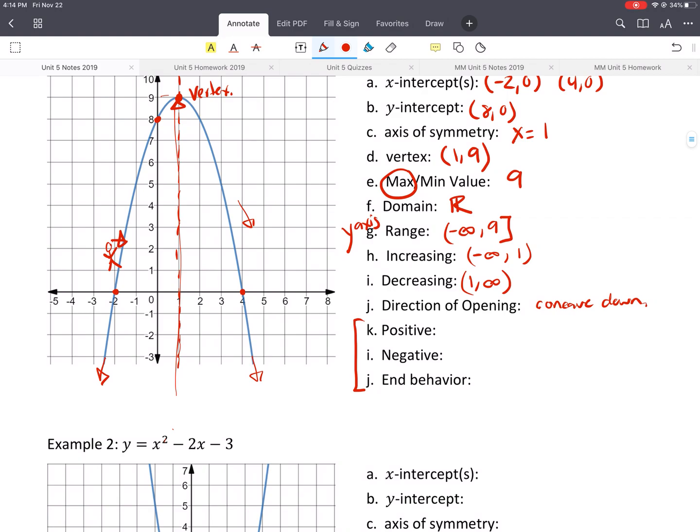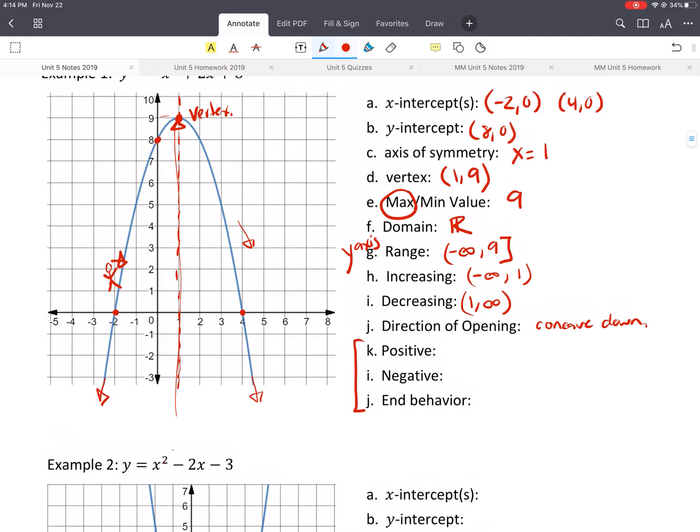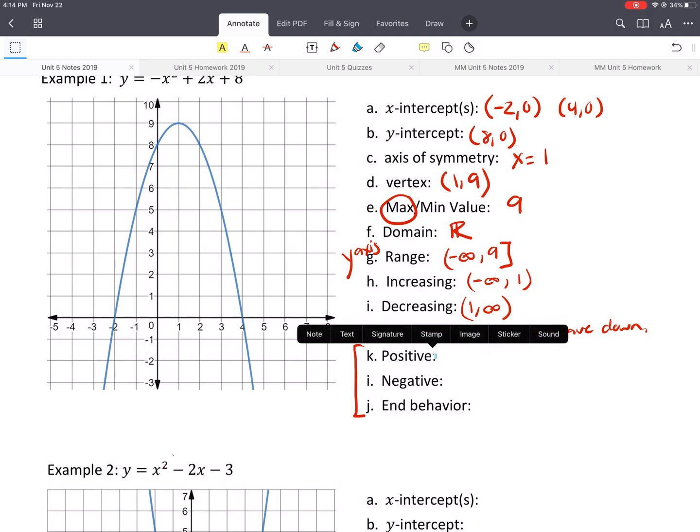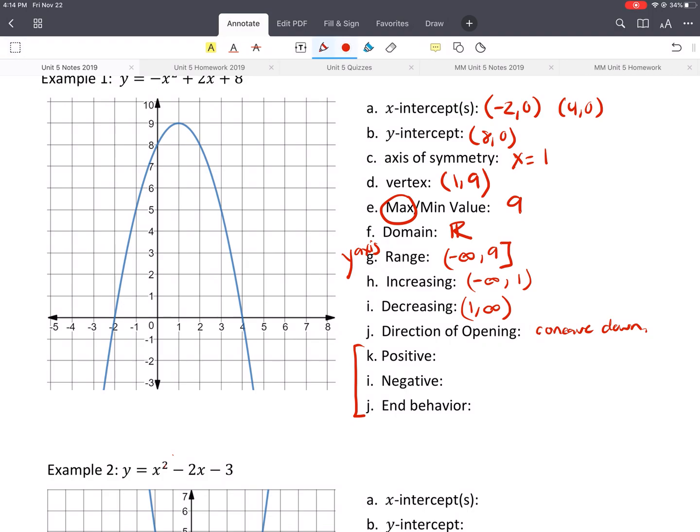And then positive, negative, and end behavior. All right, so we didn't talk about these before. I'm just going to erase this for a second. Okay, so positive. When we're talking about positive, we're really talking about positive y's. We want to find positive y's.